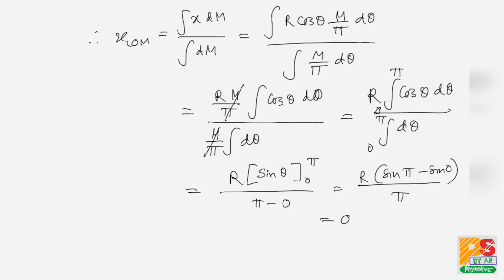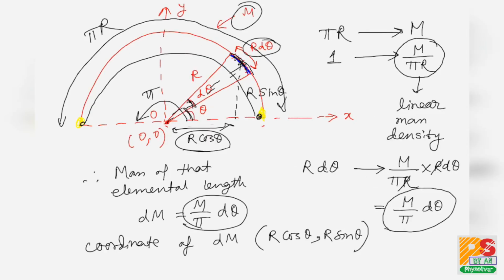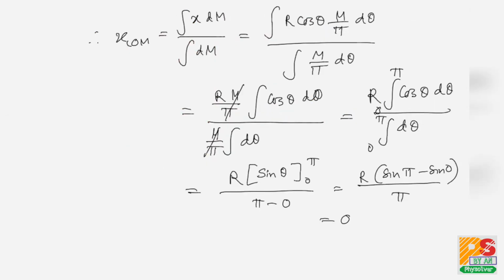So the x com is 0, which indicates that the center of mass of the semicircular ring should lie on this line, because x com is 0, which is obvious from common sense. Now going to y com, proceed to the next slide.